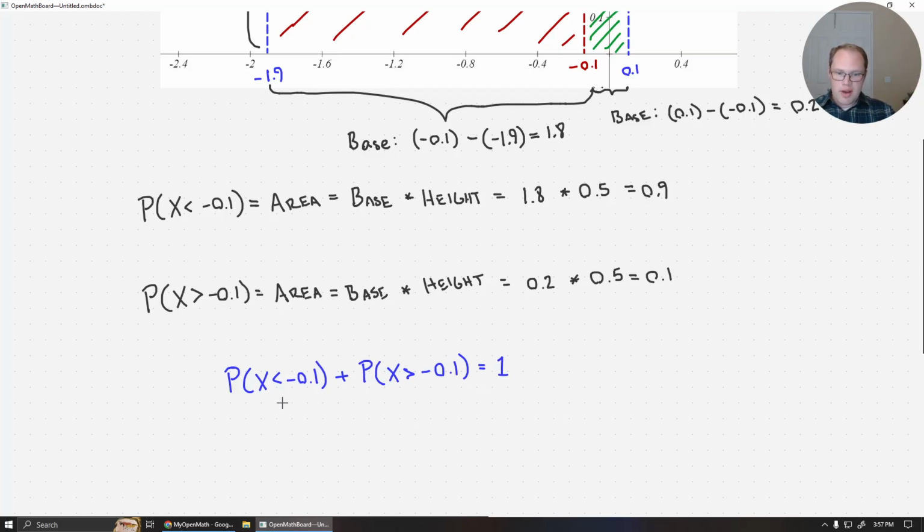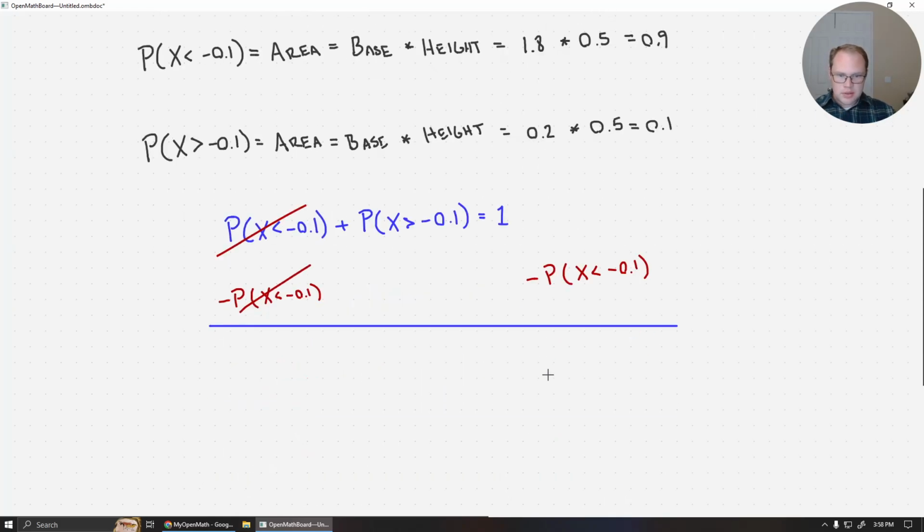And so if I move this guy over, subtract both sides, there we go. I find that the probability that x is bigger than negative 0.1 is just 1 minus the probability that x is smaller than negative 0.1.